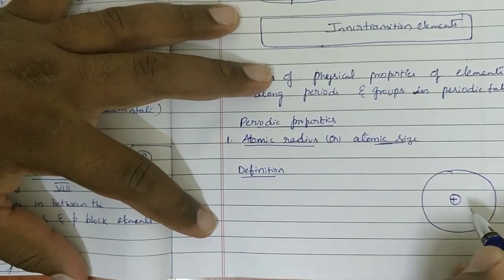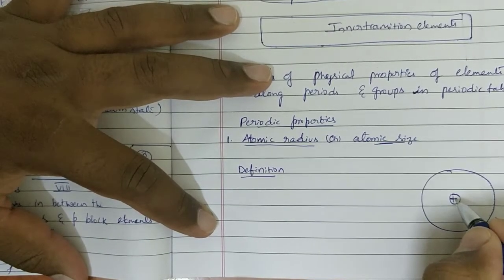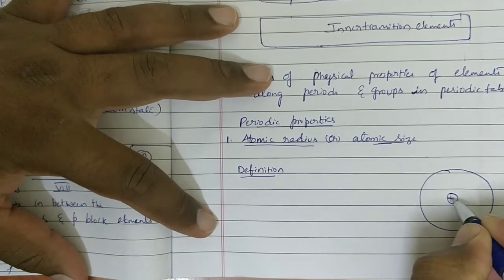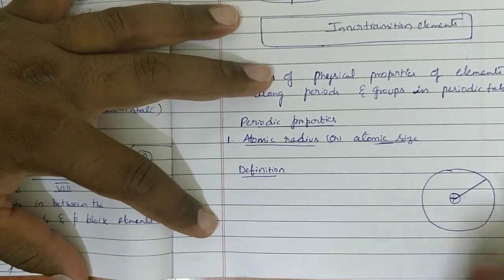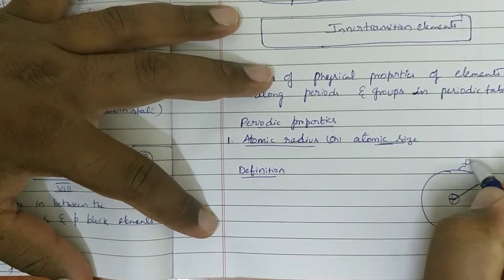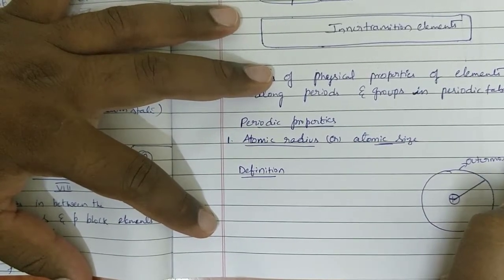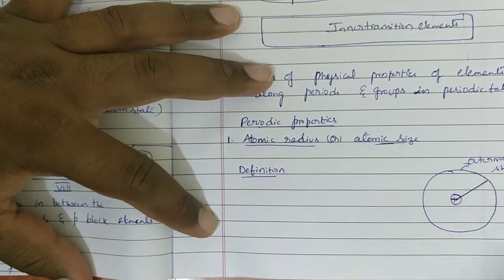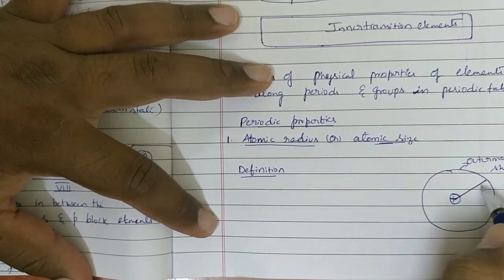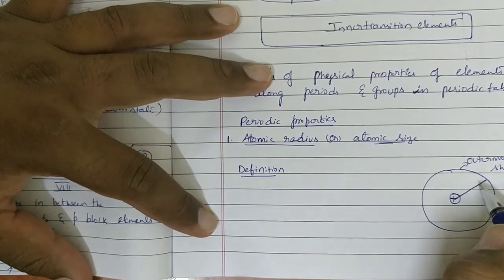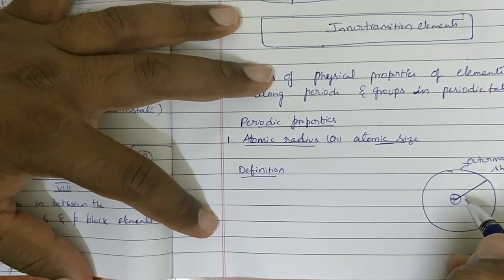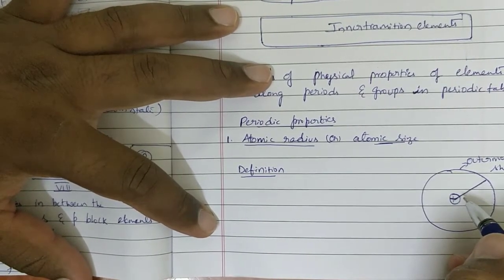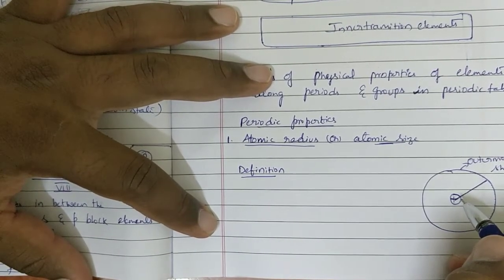Now the definition is the distance from the center of the nucleus to the outermost shell. This is called the outermost shell. The distance from the center of the nucleus to the outermost shell is called atomic radius. Generally, for a circle we say radius: the distance from the center to the outermost point on the circle.